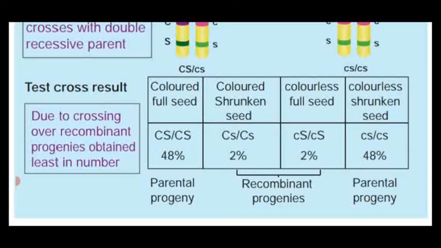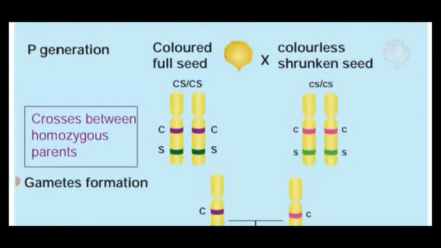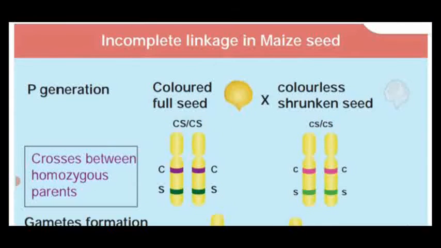As a result, only parental combinations are produced in complete linkage. In incomplete linkage, parental as well as non-parental recombination is also produced. Example, maize seed. This was observed by Hutchinson.